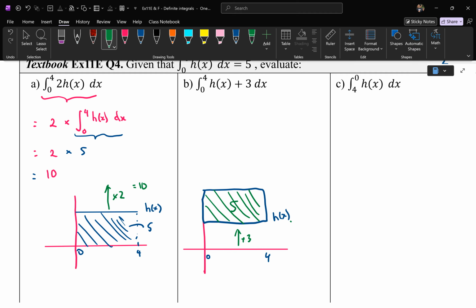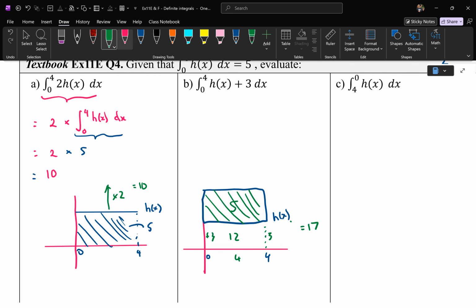But what I've created is another area of 3 units up, but the length is still 0 to 4. So I'm really just adding on another piece of area, because if I said, what's the area under this curve now? Isn't it just 3 times 4, which gives me 12, so that's your plus 3. I've shifted the graph up by 3. So really, the answer should just be 17 if I looked at that.